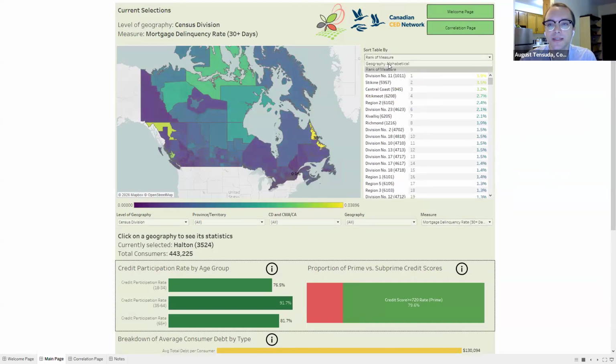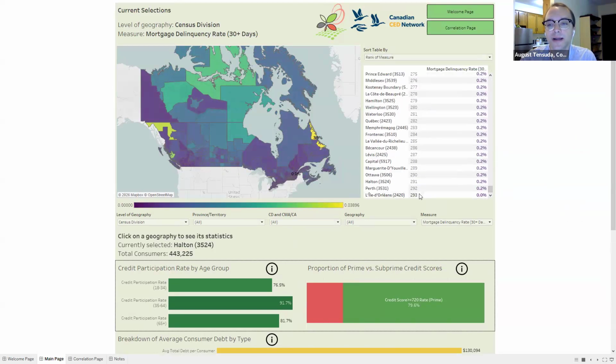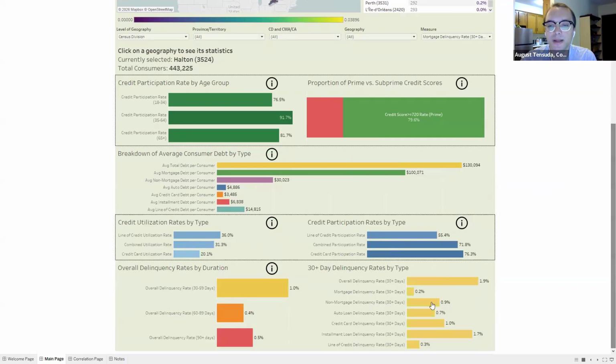If we change this to alphabetical, and then we can scroll down to H, we get Halton is ranked 291. So 291 out of, if we switch back to the rank of measure and we go to the bottom, 291 out of 293 actually. So they have a very low mortgage delinquency rate, one of the lowest out of the census divisions, Halton. So that 0.2%, even though it's yellow, it's actually very good.